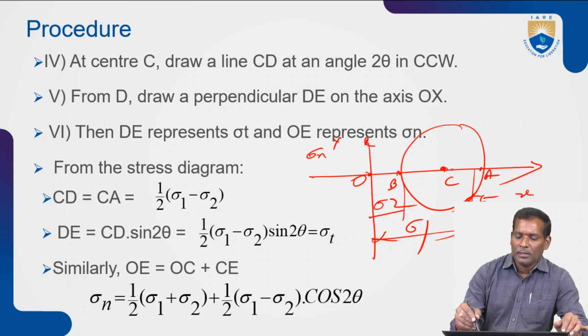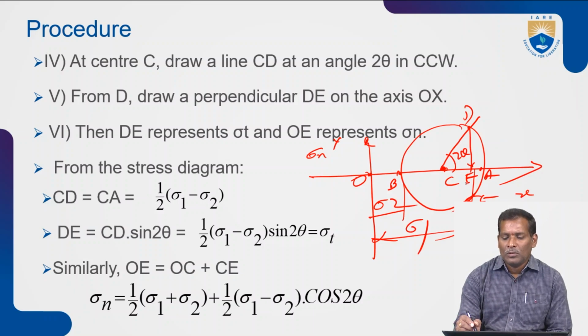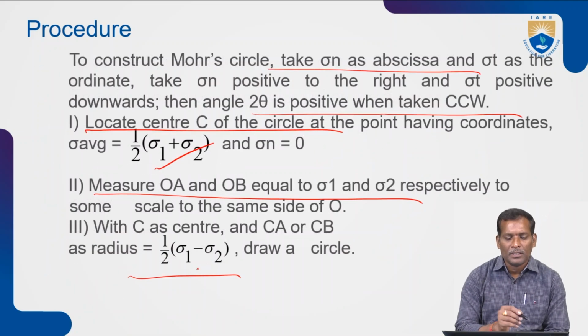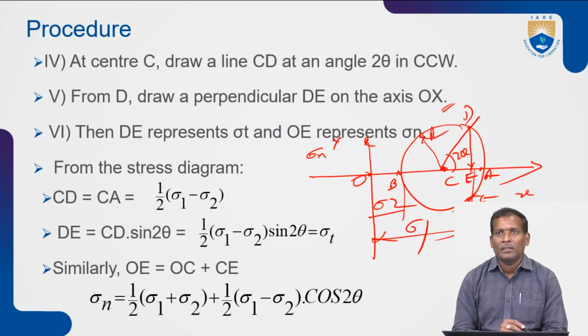Then draw one line, the inclination of the plane, that is CD, and draw a perpendicular line to E. The radius R is (sigma 1 minus sigma 2) by 2, that is CA and CB.